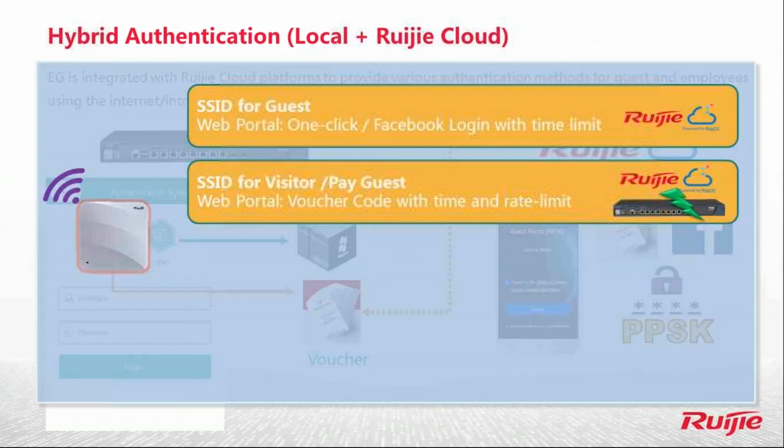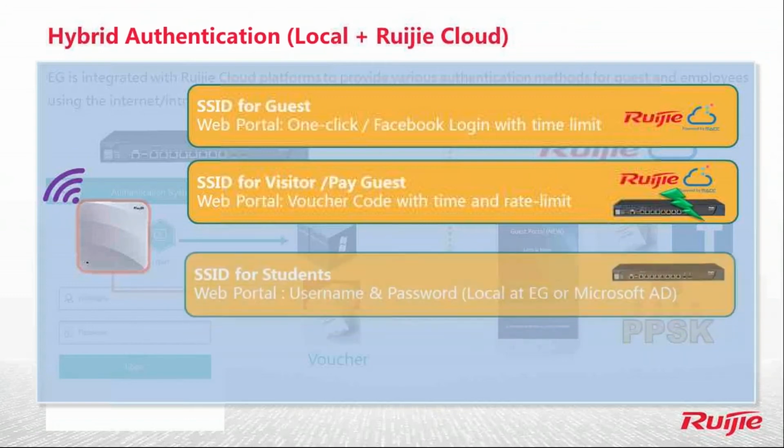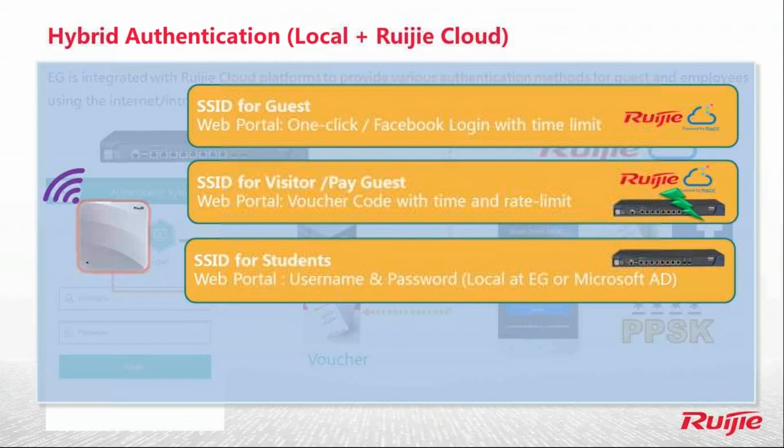The web portal will also be stored in the security gateway. SSID for the student: the username and password can be local, meaning in the EG itself, or in Microsoft ID. The EG can point to Microsoft ID to do the authentication for the user. The recommendation is using the web portal, then we will point to the username and password.